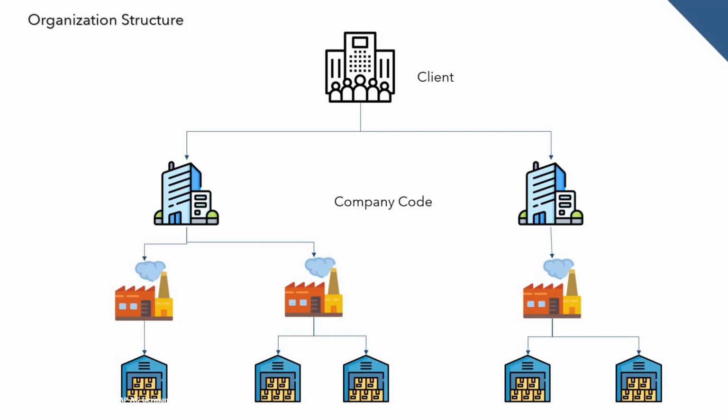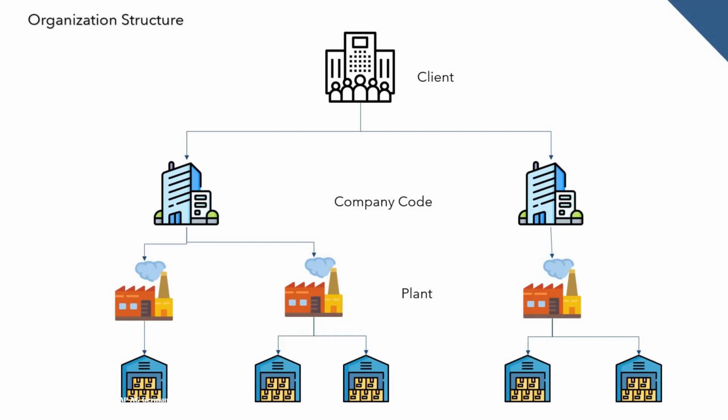Below the client, it could be one company or two, three, or multiple companies. Below the company code, you have plants. A company code can have a single plant, or it can have multiple plants.